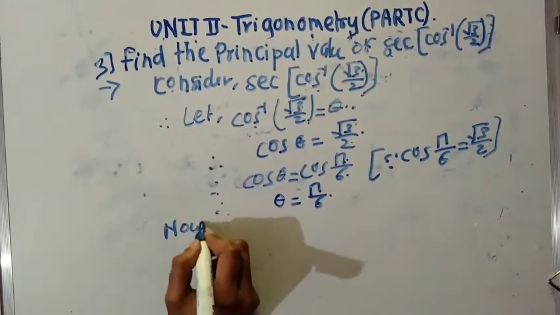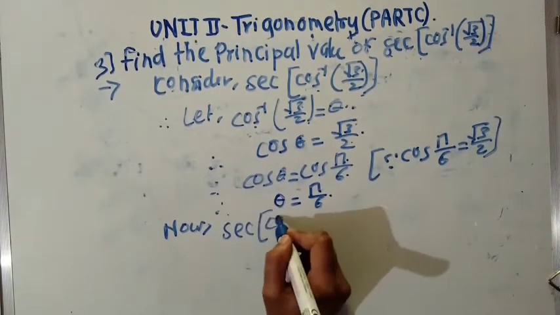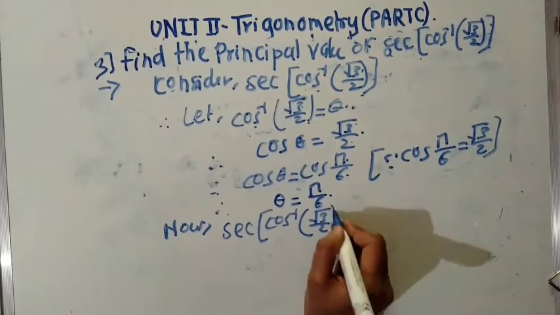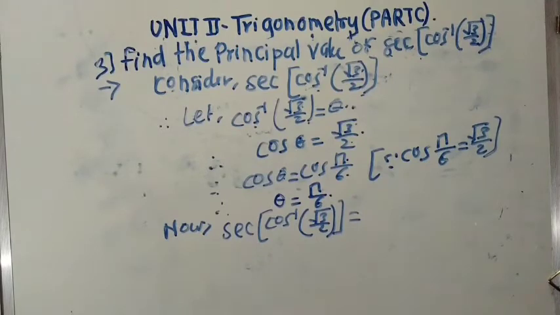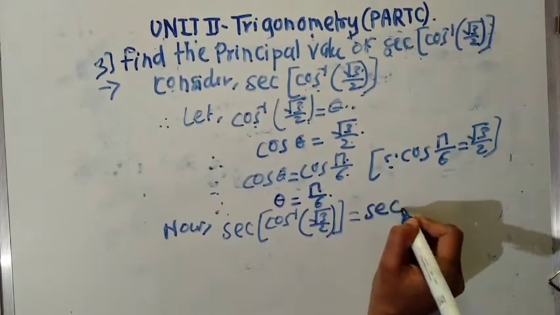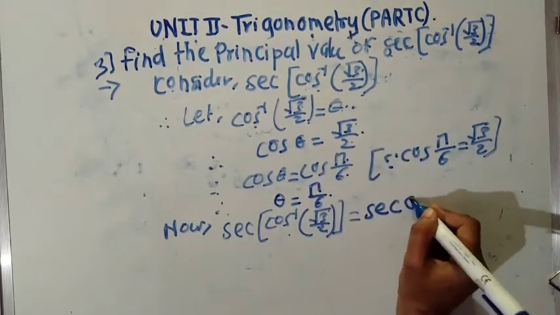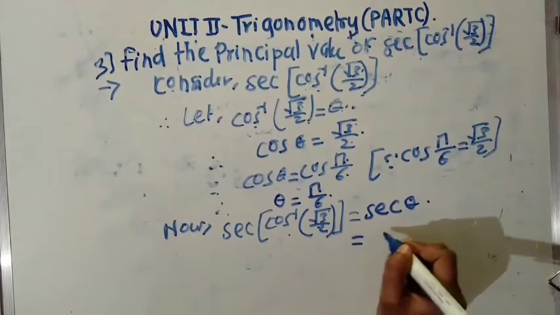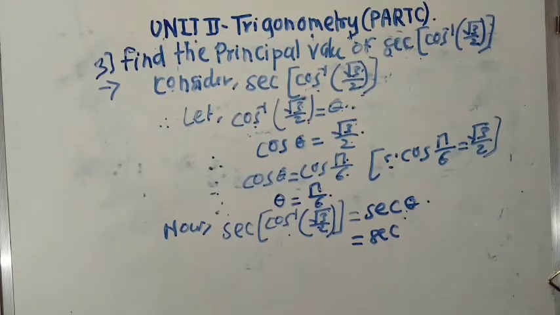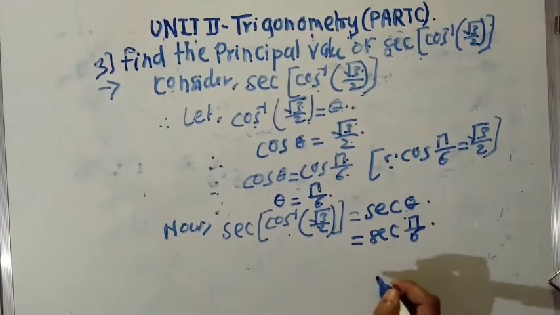Now sec cos inverse of root 3 upon 2 is equal to sec theta, but theta is equal to pi upon 6.